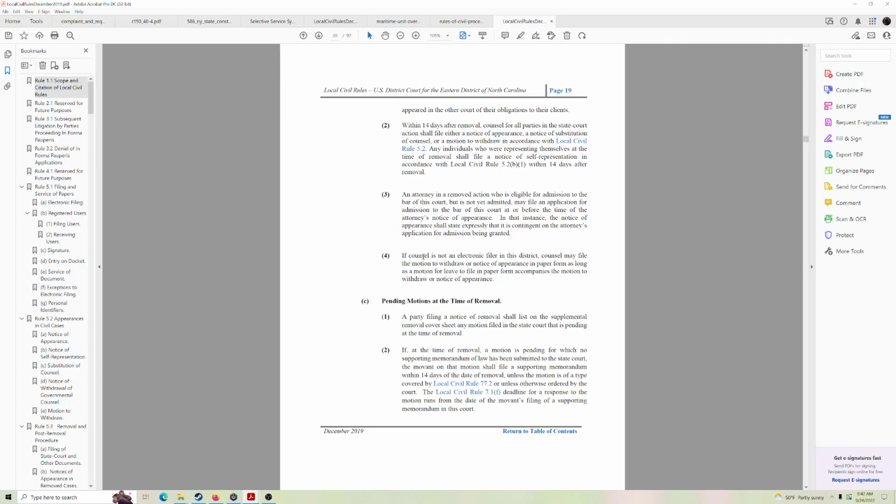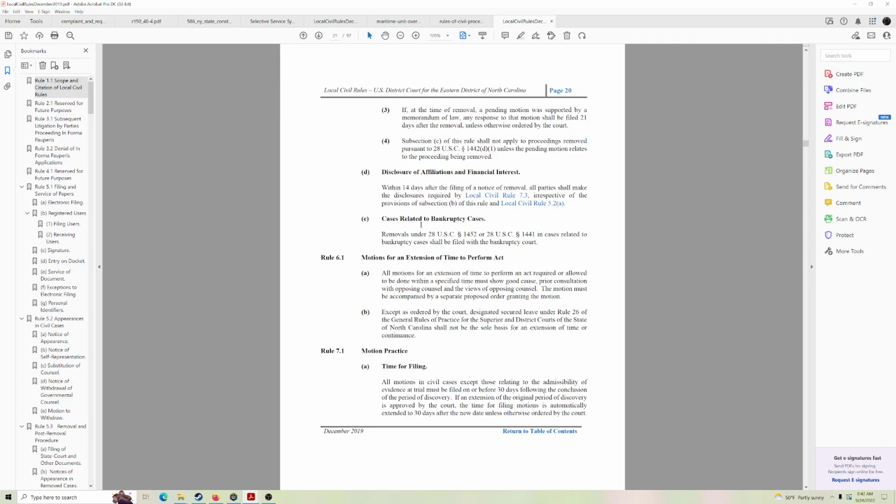The Local Civil Rule 7.1(f) deadline for a response to the motion runs from the date of the movant's filing of a supporting memorandum in this court.